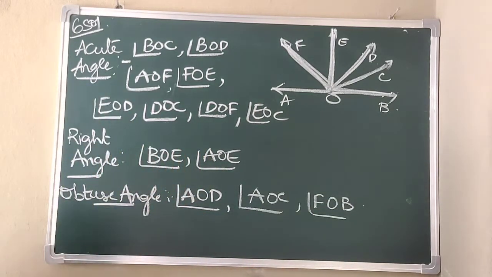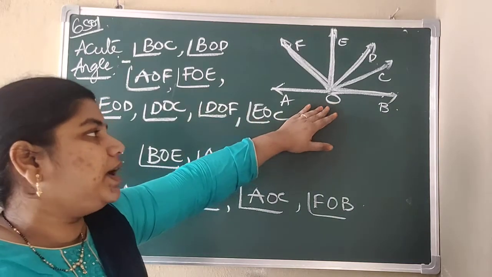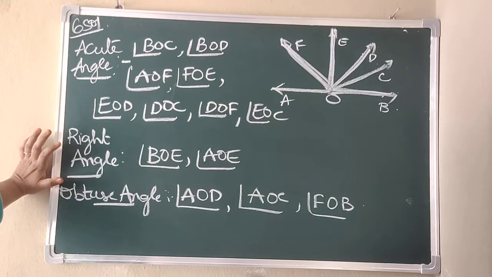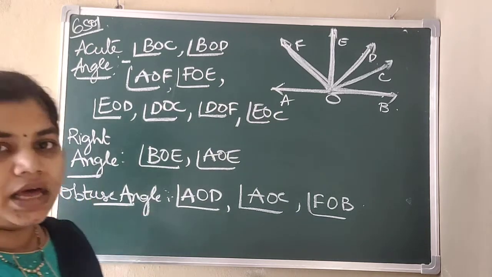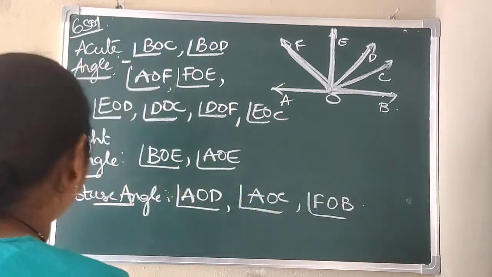So these three are obtuse angles. These are the angles formed with the help of this figure. In total, 8 acute angles, 2 right angles, and 3 obtuse angles. So this is our 6th question. Next is the 7th one.